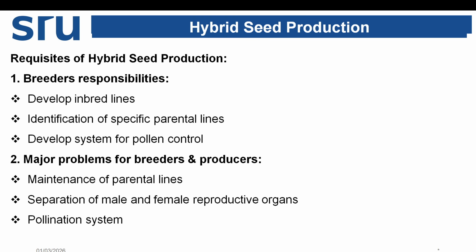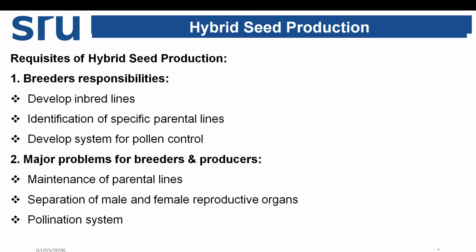So now we have seen some different types of hybrids. Now we'll come towards our main title, that is hybrid seed production. Now here we will see what are the requisites of hybrid seed production. First, the breeders.